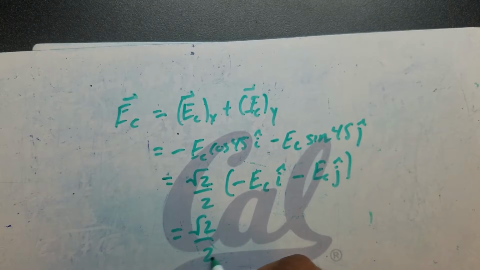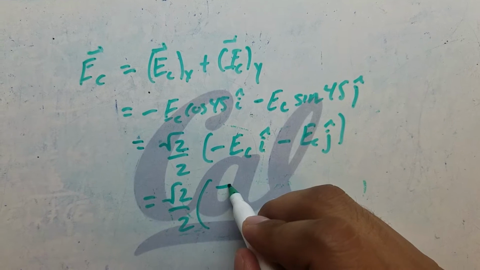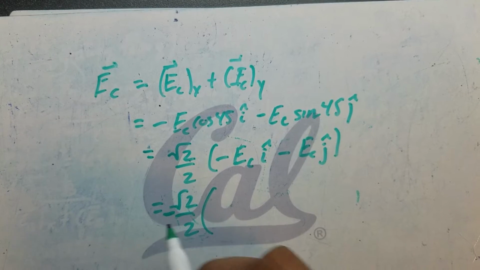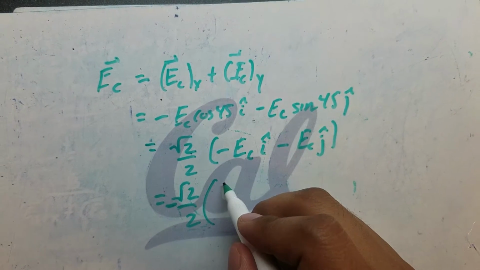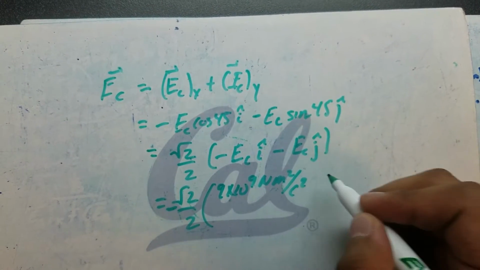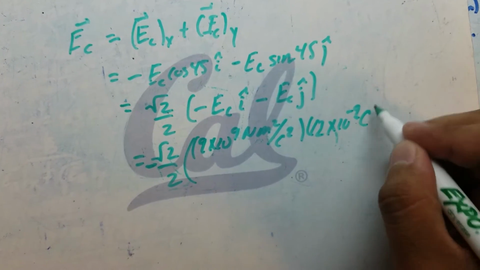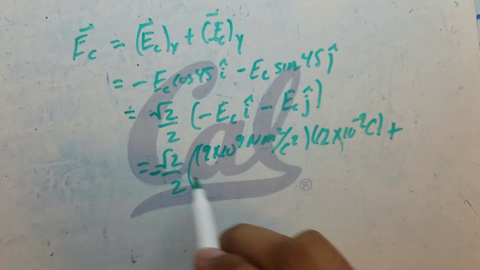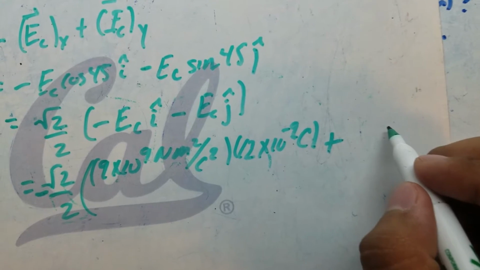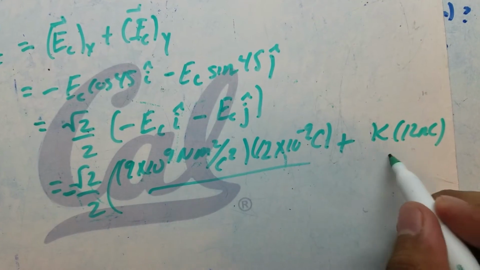So radical 2 over 2, and then we know that this is minus, so we could factor out the negative as well. And then we could write K, which is 9 times 10 to the 9 newton meters squared over coulomb squared, times 12 times 10 to the negative 9 coulombs. Since I ran out of space, I'm just going to write K times Q, which is 12 nanocoulombs, over R squared.